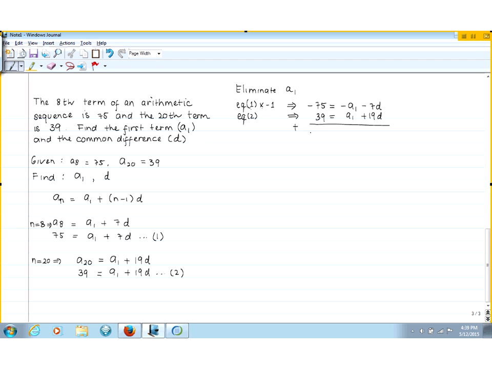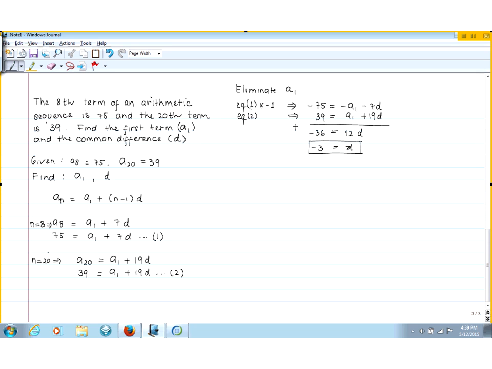Alright. So what is this? -75 plus 39, that's -36. And then A1 cancels, right? And this is 12D. So D is equal to -3. So this is the same answer as what we got last time.